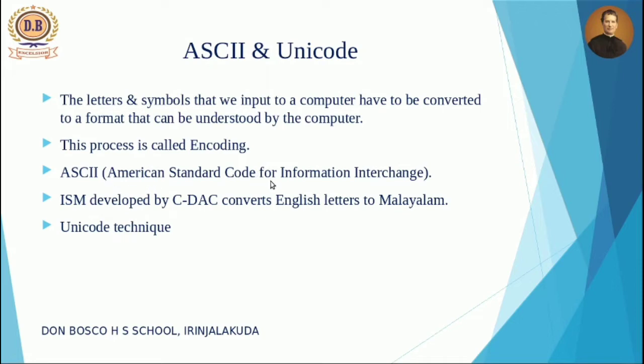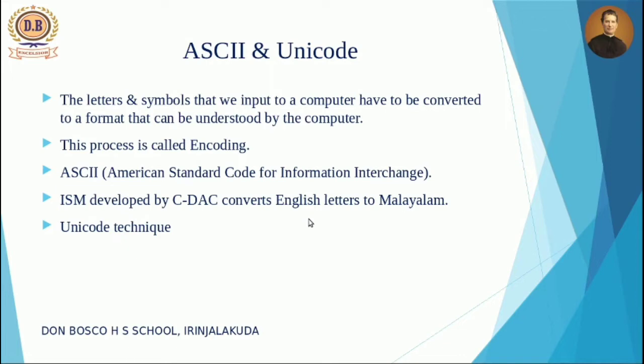So in order to overcome this difficulty, the government agency called CDAC developed a software called ISM, which will convert the English letters to Malayalam. But even though the font is visible as Malayalam letters, it is encoded as English letters.